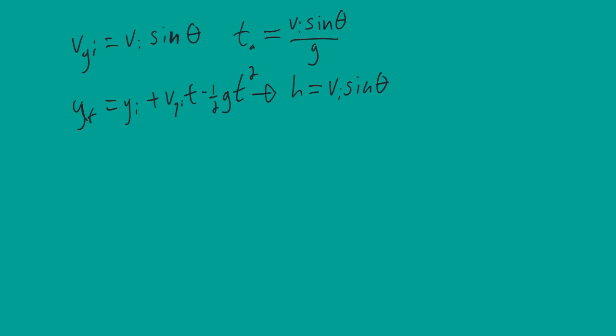We can also plug in our time to the apex into time. So then it's going to be Vi sine of theta over the acceleration of gravity. And I'll use parentheses here to represent that those were different variables. And then we subtract 1/2 acceleration of gravity, and then we square that time again.